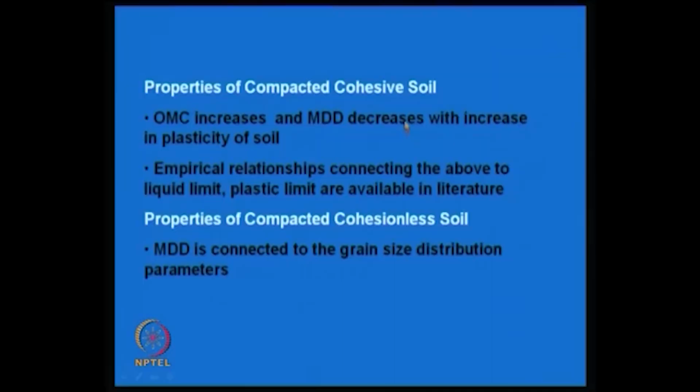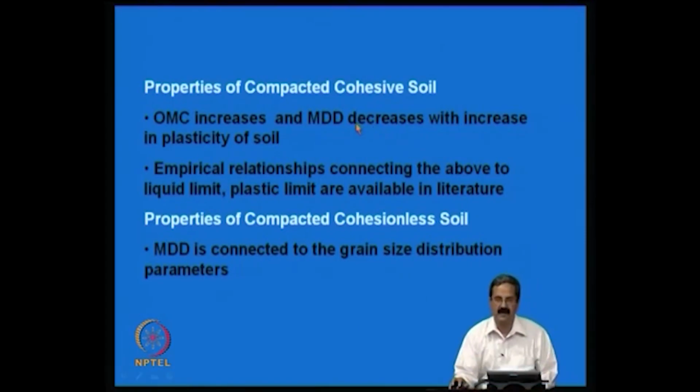So, we will be able to see some of them here, and one of the important characteristics that affect the properties or the response of the compacted soil is the type of soil itself. We must have a clear demarcation with reference to cohesive soils and sands.